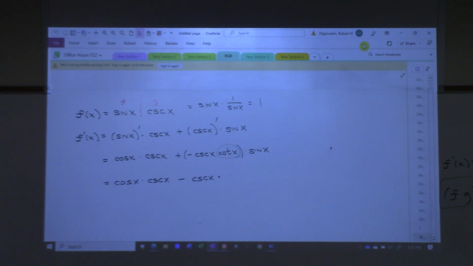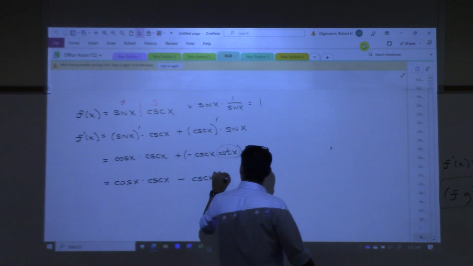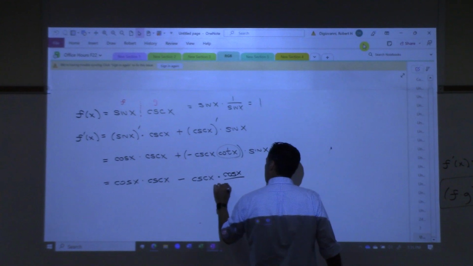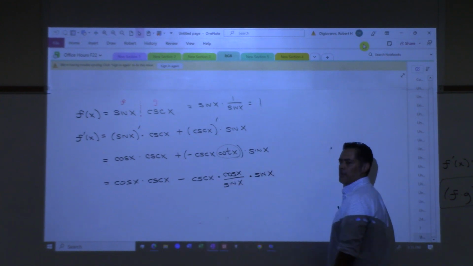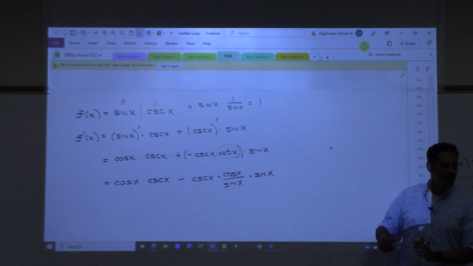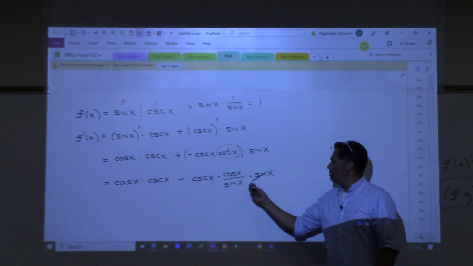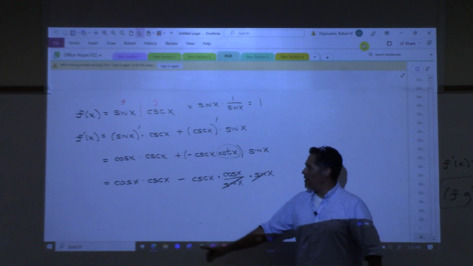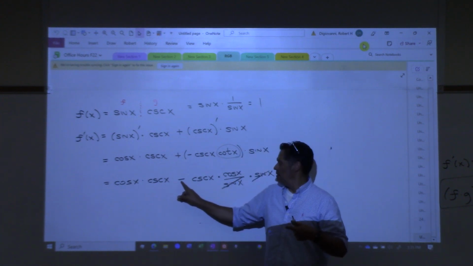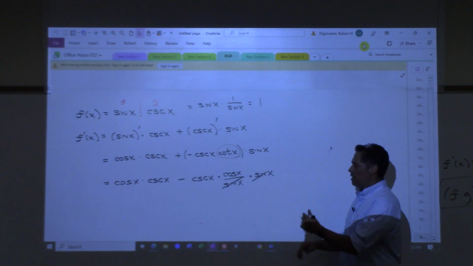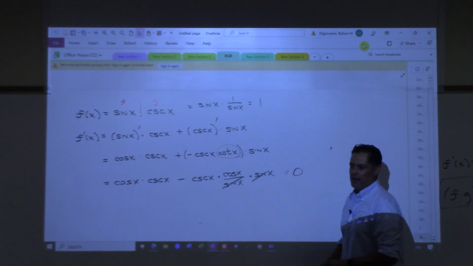Cosine over sine, right? So I could write this as cosine x over sine x, and I still have over here sine x, don't I? And do you see what happens to the sines? They cancel. And so what we have is cosine x times cosecant x minus what? The same thing. So your answer is 0, right?